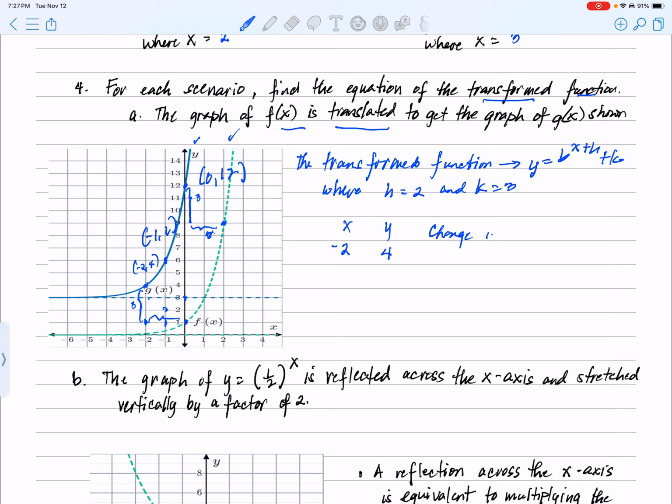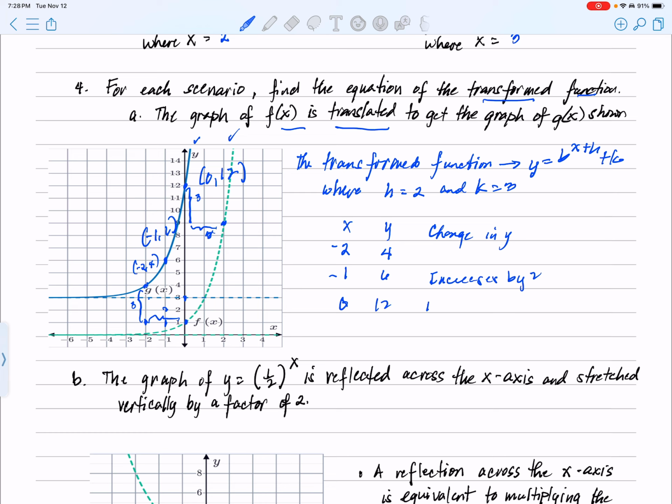When x is -1, the y becomes 6. That increases by 2. When x is 0, the y becomes 12. So what's the increase here?